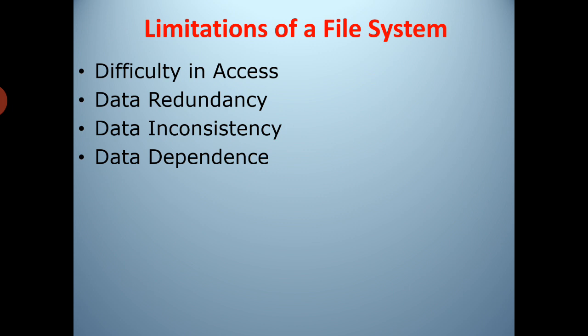This is data dependency. Hence, updating the structure of a data file requires modification in all the application programs accessing that file. Limitations faced in a file system can be overcome by storing the data in a database where data are logically related.